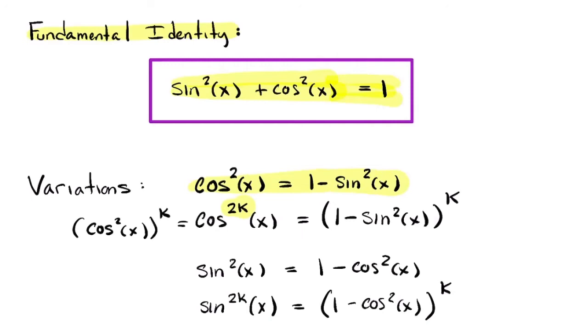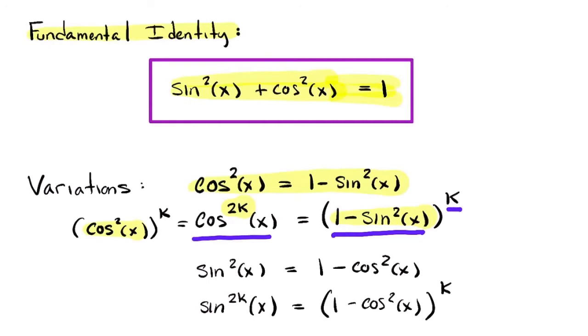That's where I'm getting the right-hand side of this formula. The cosine squared is 1 minus sine squared. So the point is that I can write any even power of cosine as some power of 1 minus sine squared. Seems like a weird thing to say at this point, but you'll see why it's true.